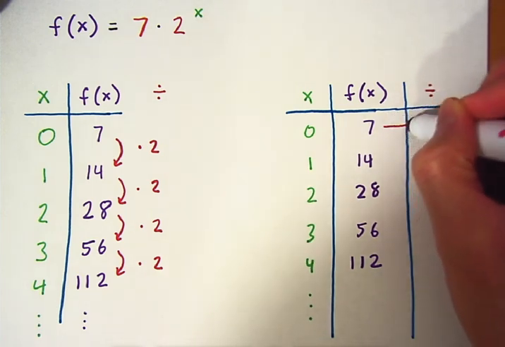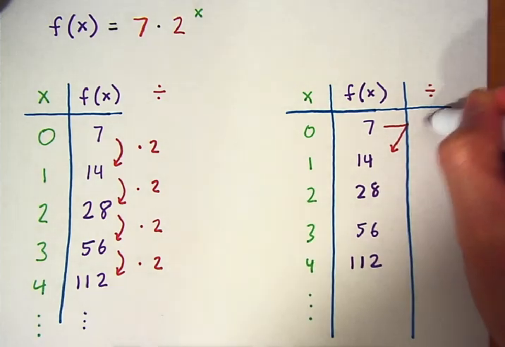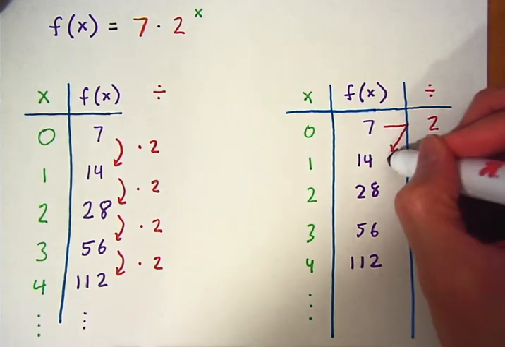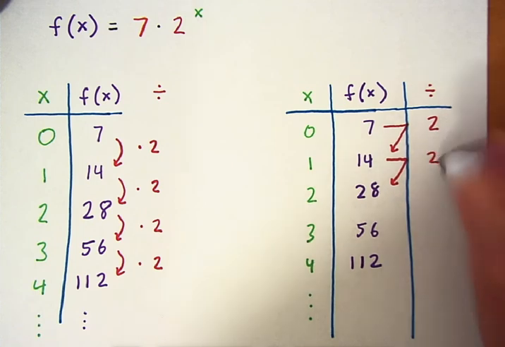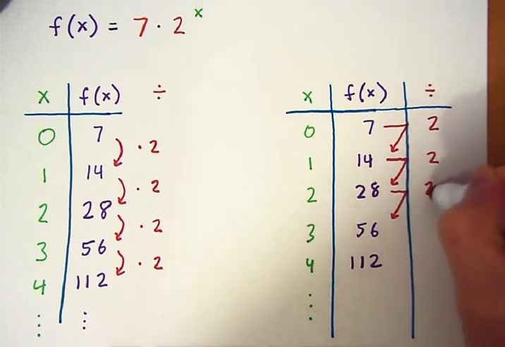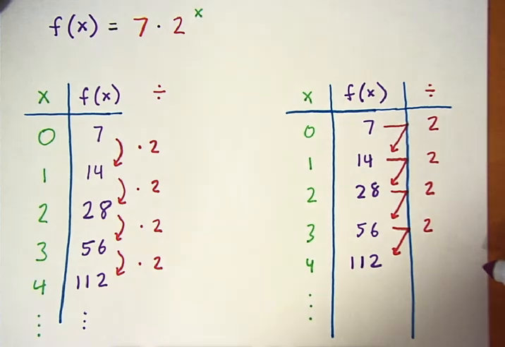7 multiplied by what gets you 14? That's times 2. And then 14 times what to get you 28? 28 times 2 to get you 56. 56 times 2 to get you the 112.